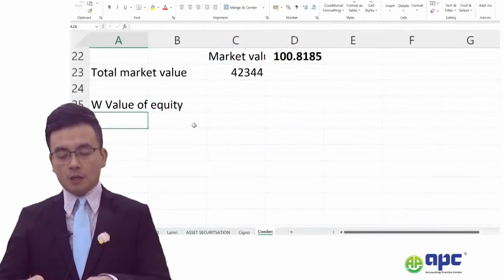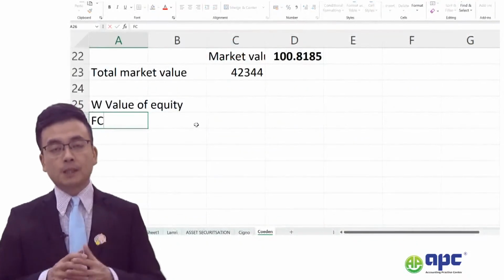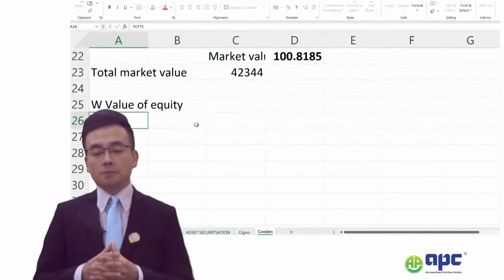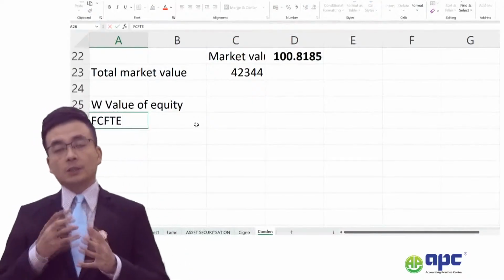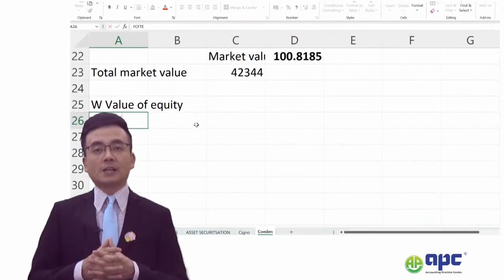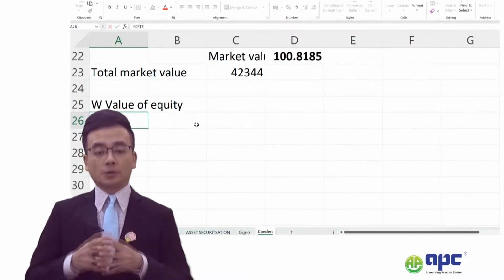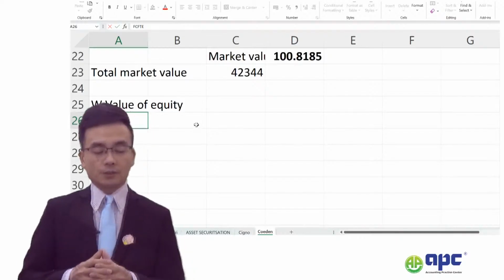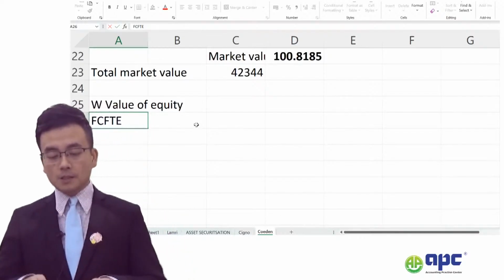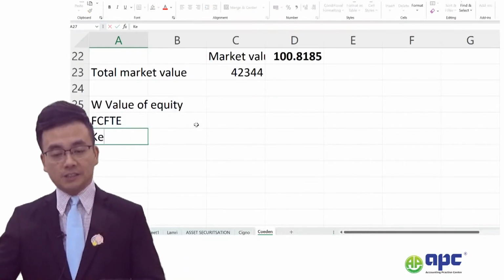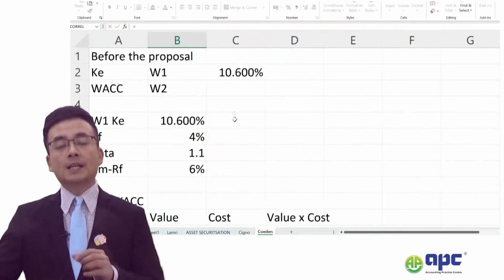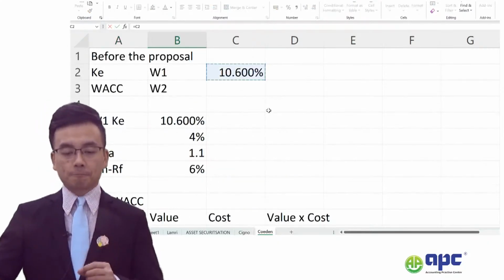Now we've got free cash flow to equity. Are there any other adjustments? No, because we're told that the depreciation amount will be the same as the reinvestment amount. So no effect on free cash flows to equity anymore. Cost of equity is just calculated at the very beginning as 10.6%.